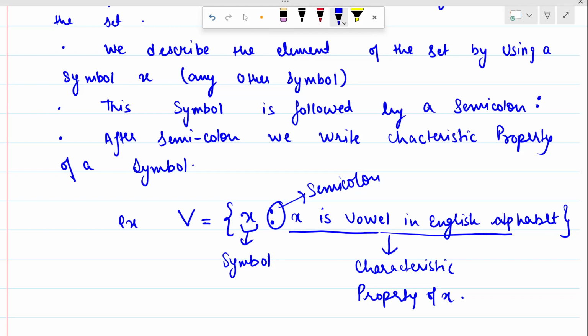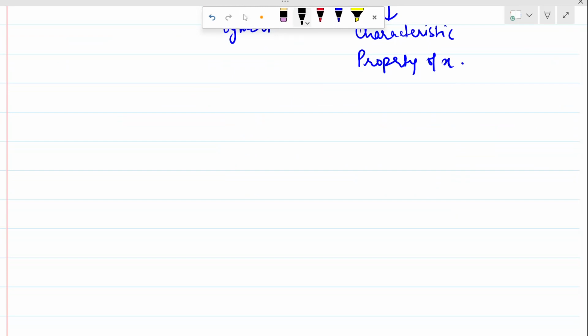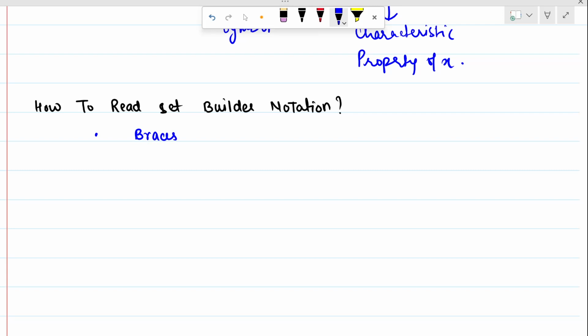So how do we read the set builder notation? In the above example we have braces, colon and a symbol X. Braces means set of all, colon or semicolon means such that.